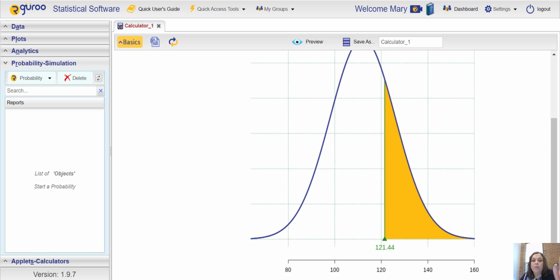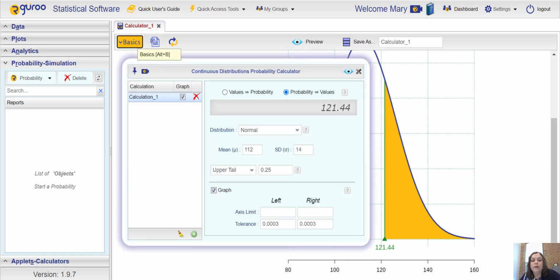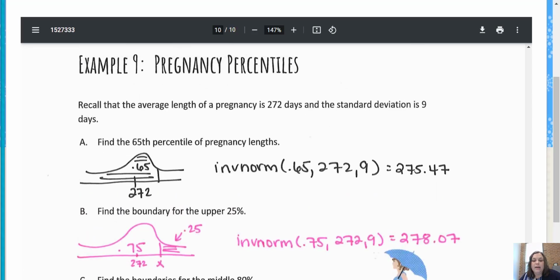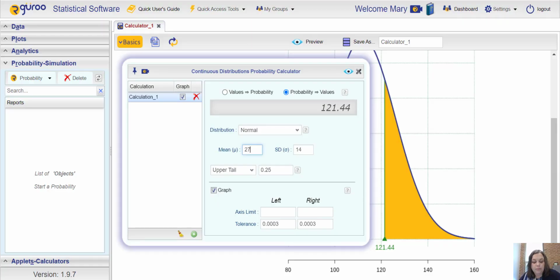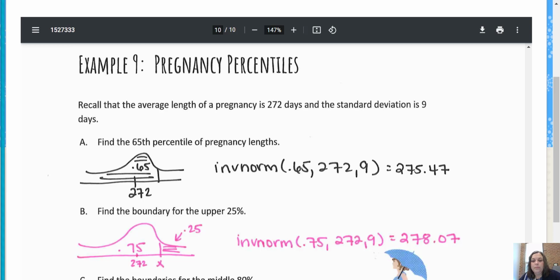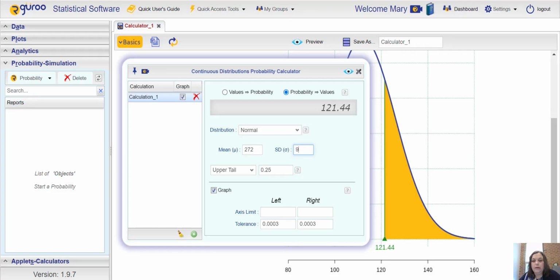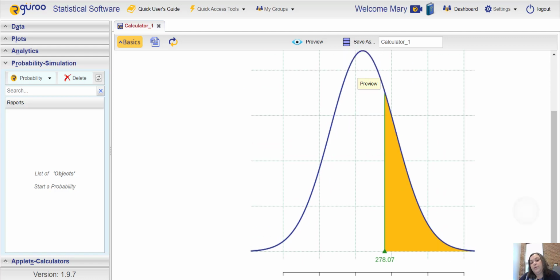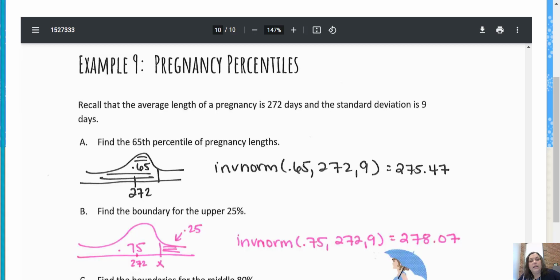Actually, I am wrong. Hopefully you saw what I forgot to do. I forgot to change the mean and the standard deviation to match the pregnancy data. So let's change it to 272. And sorry about that. 9. All right, now it should match up. We should get 278.07, still 25% shaded at the top.